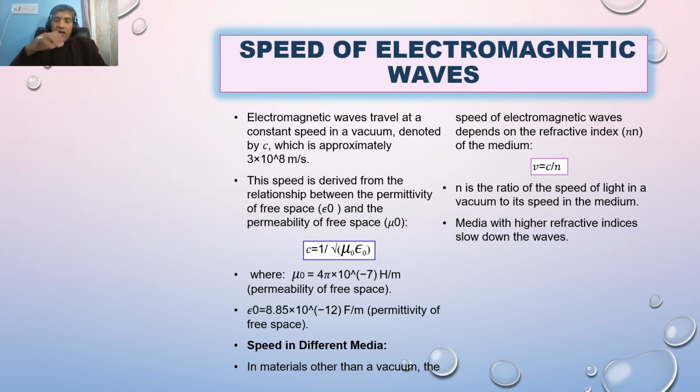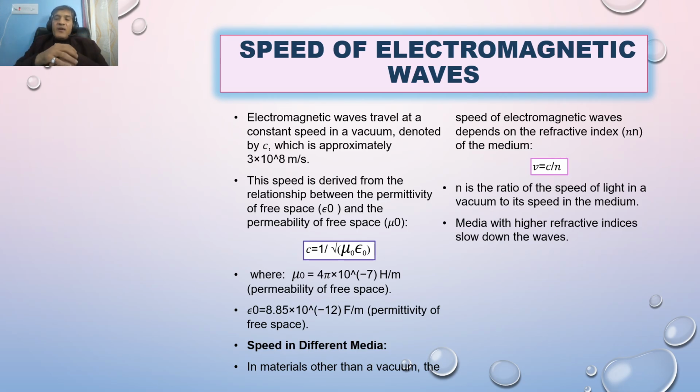So here is again the speed of electromagnetic wave in free space. I especially mention again and again the speed of electromagnetic wave in free space. The reason behind that is the speed of light in a material medium may decrease according to the relation which you have seen in this PPT: V equal to C divided by n.